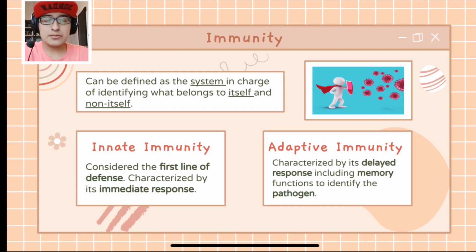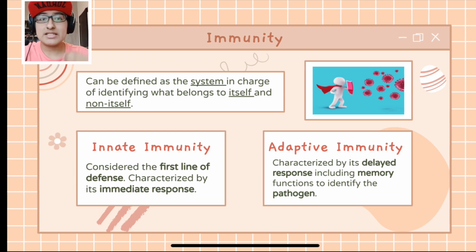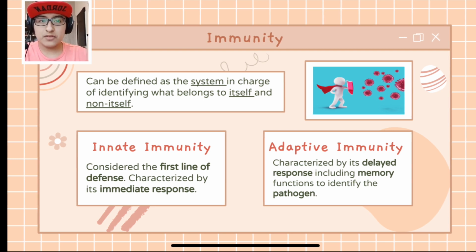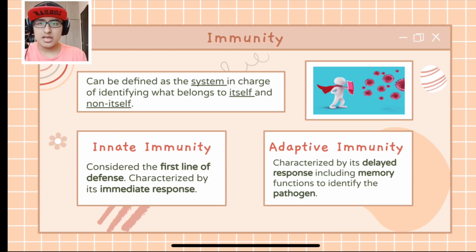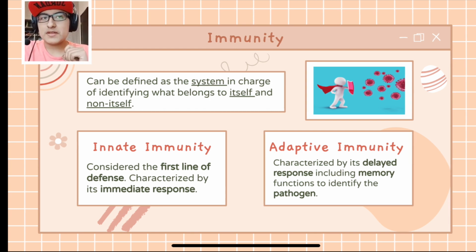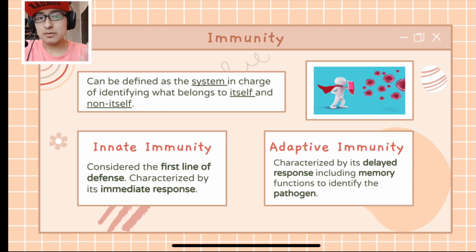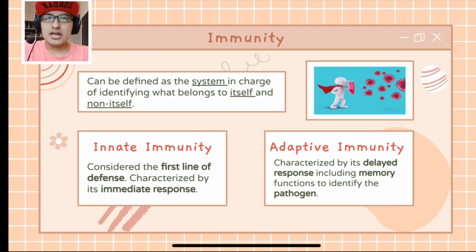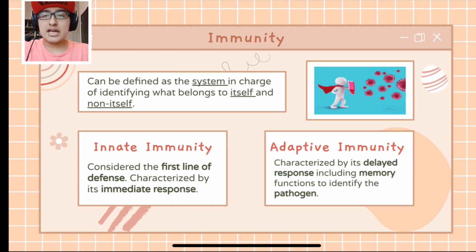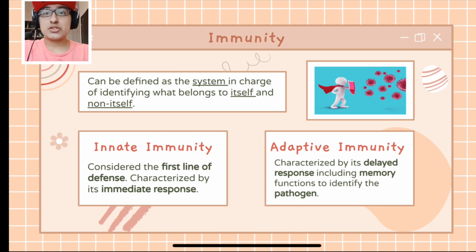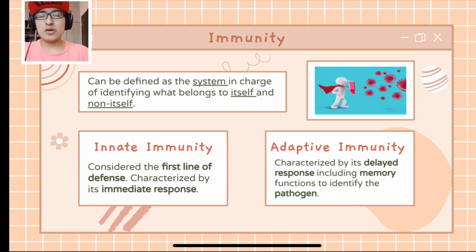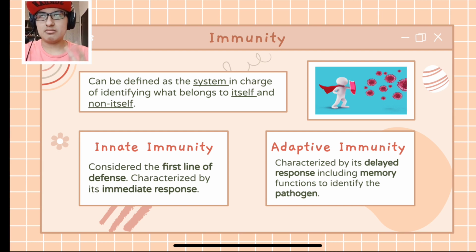Then we have the adaptive immunity, characterized by a delayed response, including memory functions to identify the pathogen. This one is a little bit more powerful, but it requires some time to arrive to the battle, and it's really important because it's the one that is stronger and the one that is mostly guaranteed to completely destroy, for example, the infection.